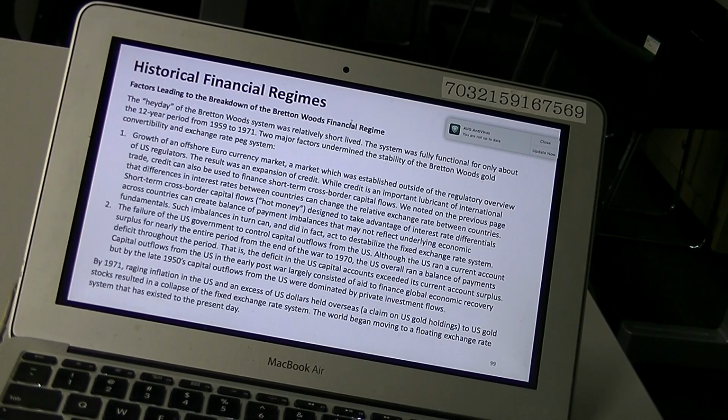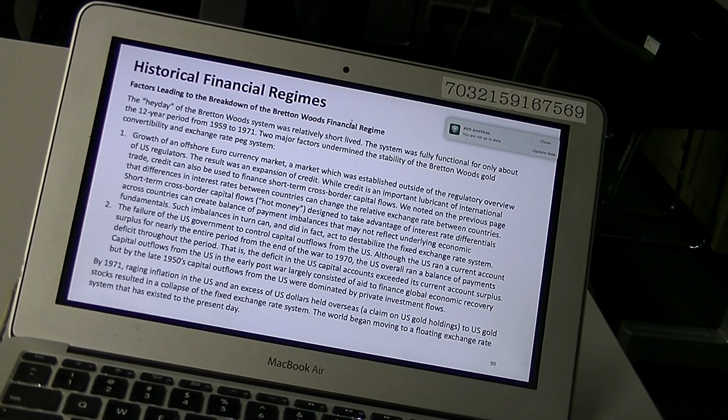Also, there was a balance of payments deficit up to 1971, because of capital outflows. A lot of that in the early post-war period was aid from the U.S. to finance global economic recovery. Have you heard of the Marshall Plan?